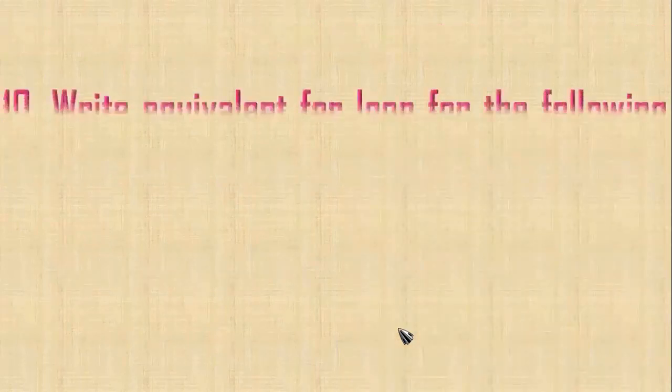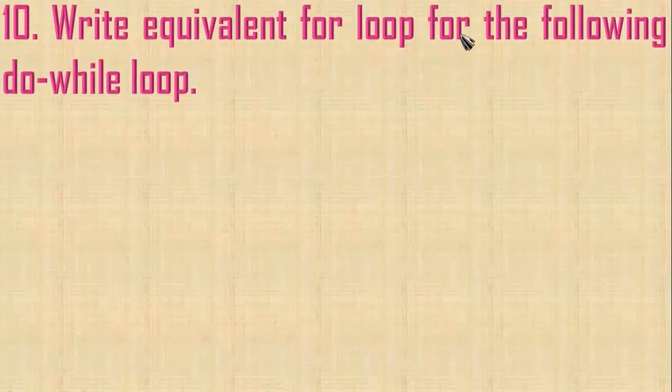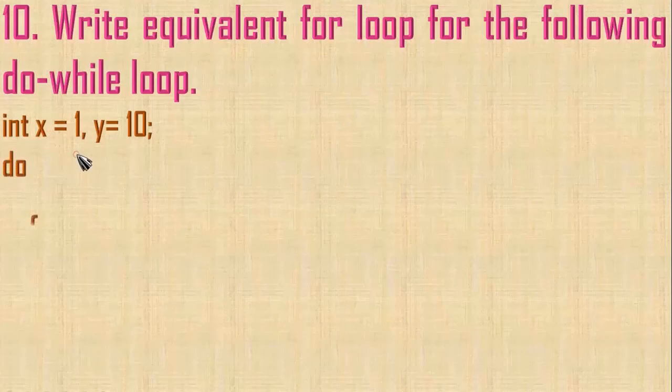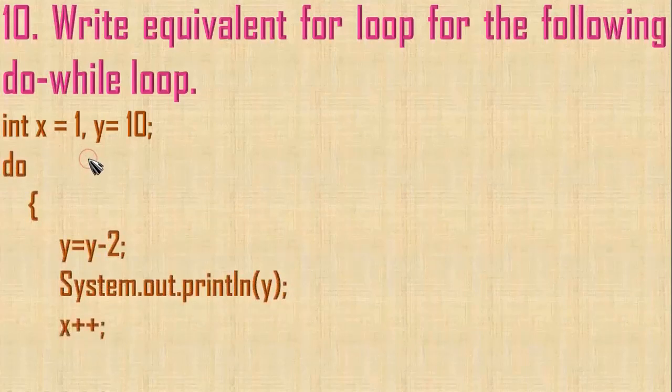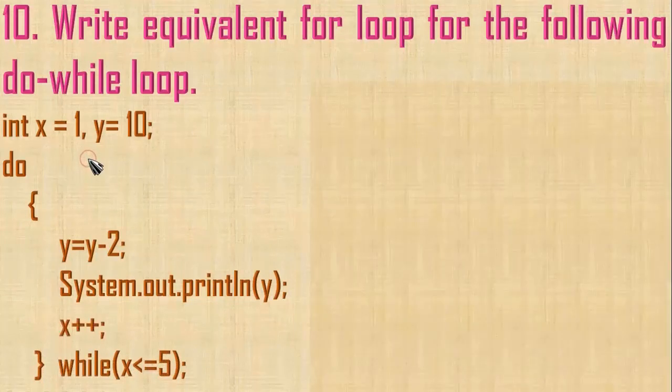We'll go to the next question. Write the equivalent for loop for the following do loop. Here x is equal to 1, y is equal to 10. Do y is equal to y minus 2, printing statement, then x plus plus, while x is lesser than or equal to 5. See, when we give a for loop, we have to check which is being incremented and which is given in the condition. So here both are x.